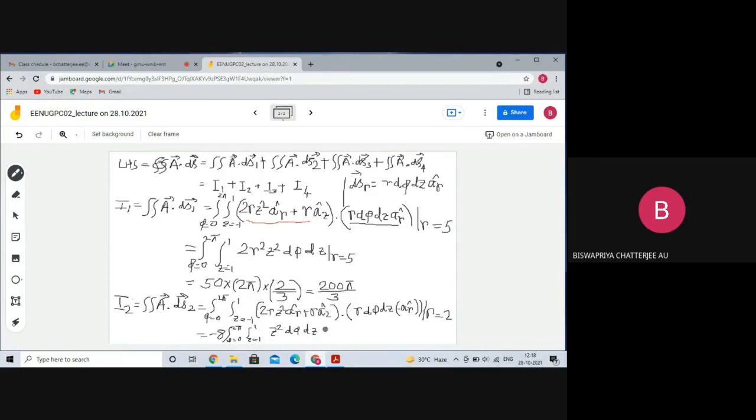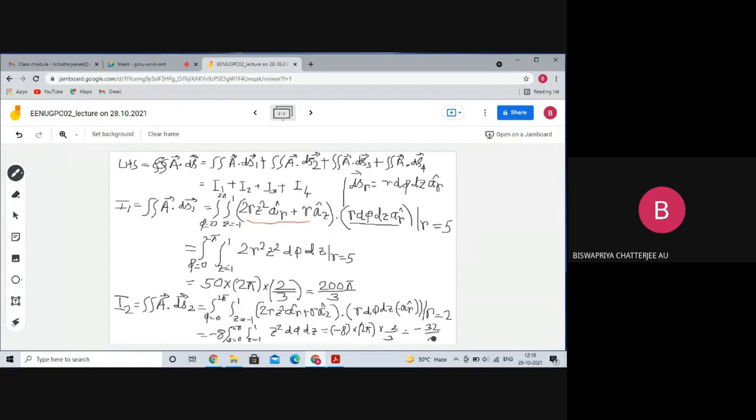If you calculate, it will be -8 multiplied by 2 pi and then 2 by 3. So the answer will be -32 by pi.